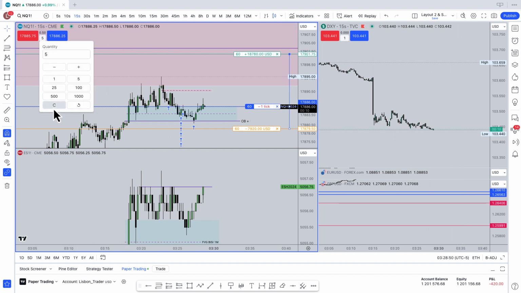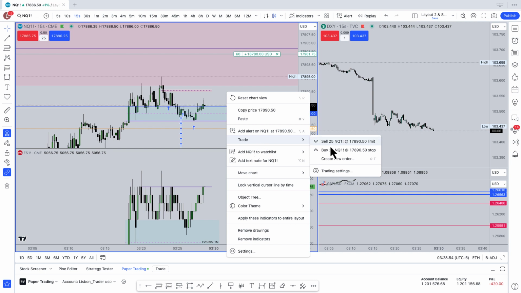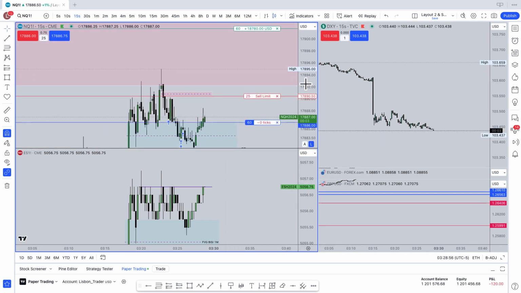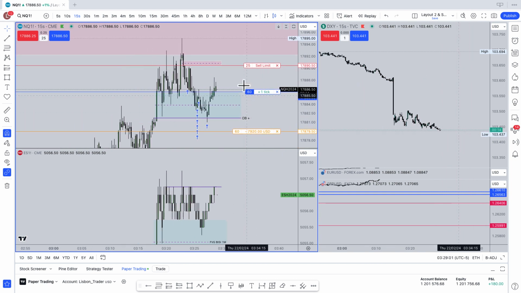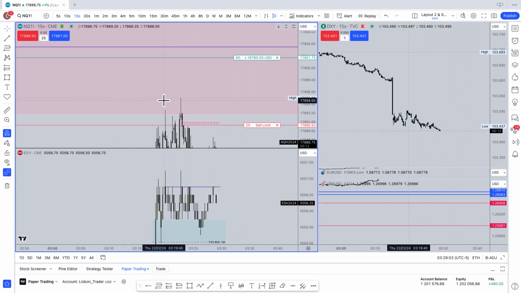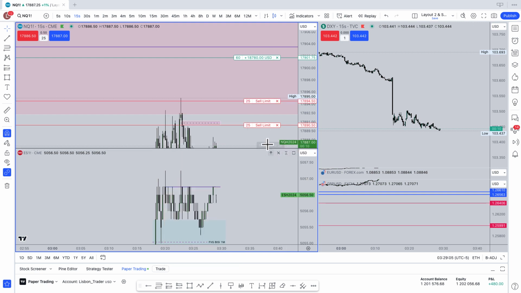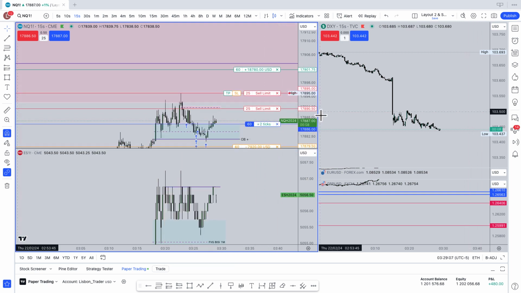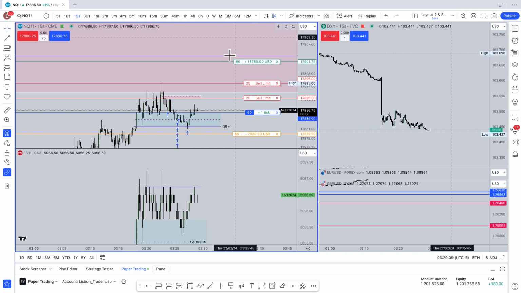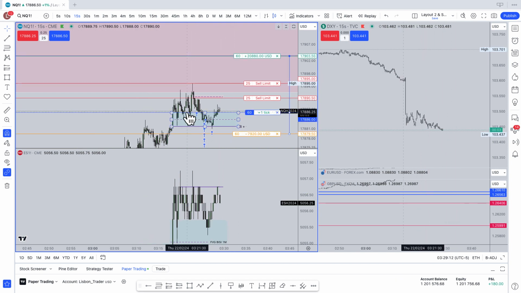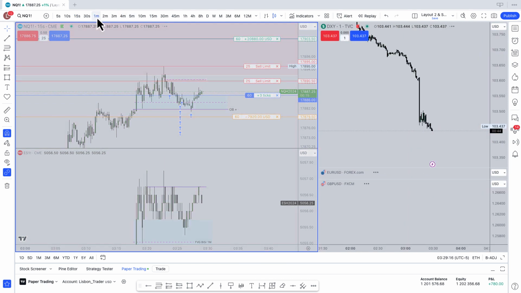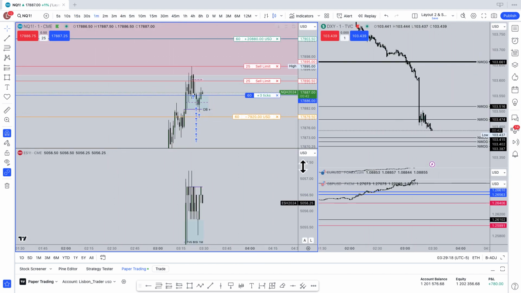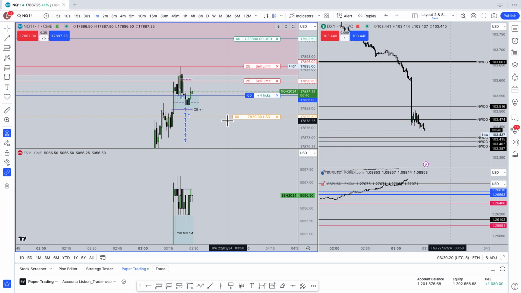Let's take 25 off this level, which is the potential reversal point. Another 25 there, and then keep a smaller runner. And that's the idea for this morning's trade.